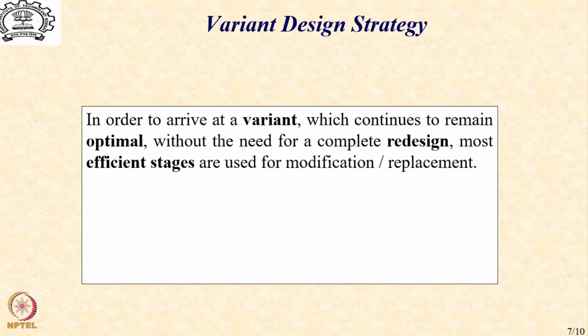And in order to do that, there are two things that are commonly practiced. One, we need to find out among the various stages the ones which are the most efficient in terms of their operation, so that a small change in the stage would reap large benefits.